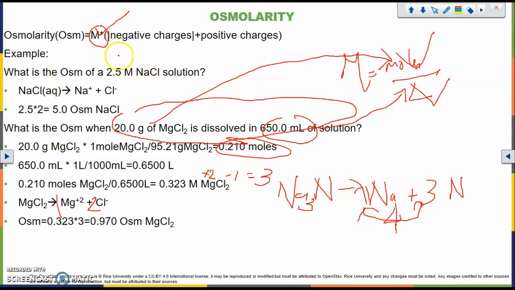But again, the other thing you need to make sure that you understand is that something is soluble in water. If it's not soluble in water, whether it's a solid or liquid, you don't need to do any calculations. Because that solid or that liquid is not going to break apart in water or distribute itself evenly in water anyway. Okay? So very, very important.